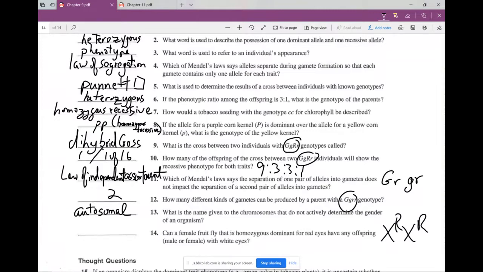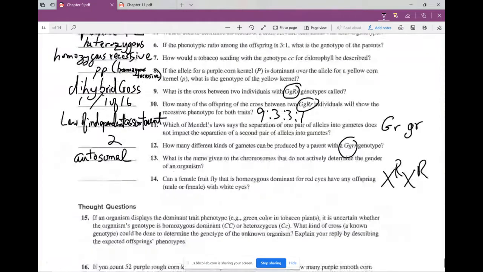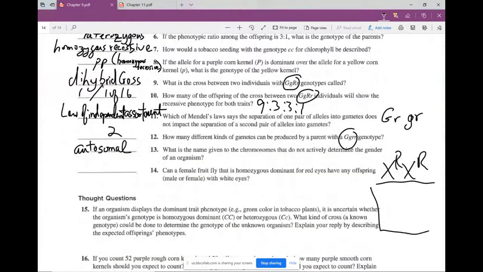Can a female fruit fly that is homozygous dominant for red eyes have any offspring, male or female, with white eyes? Well, you can do a Punnett square just to make sure, but it doesn't look like it. No. All right, the male is going to be, let's say, white-eyed.